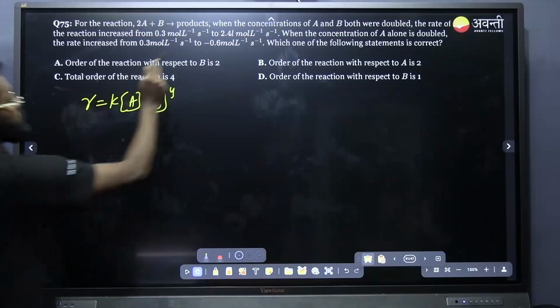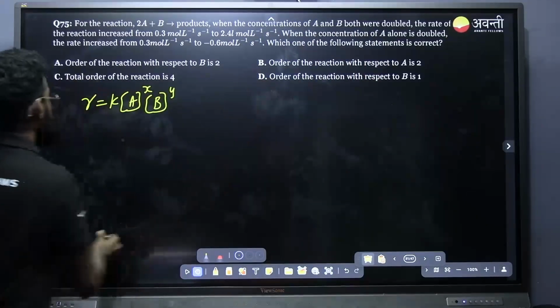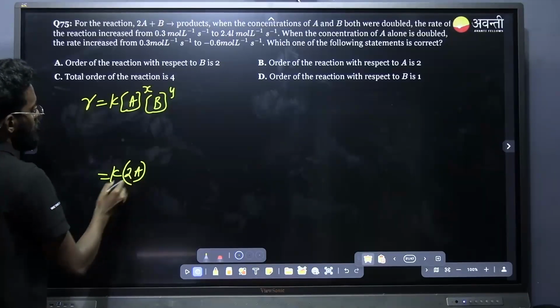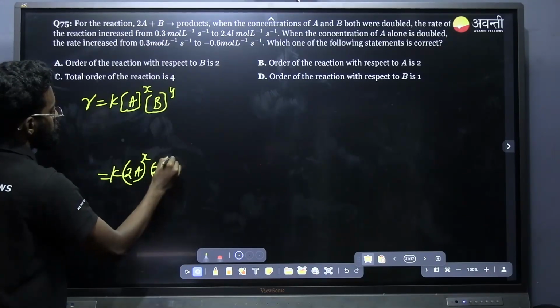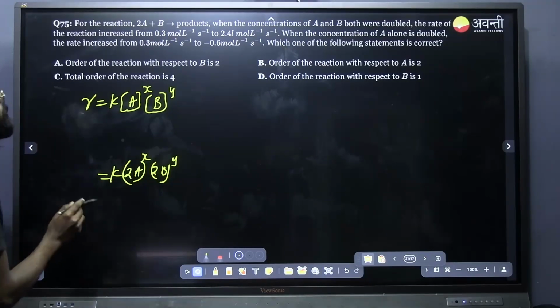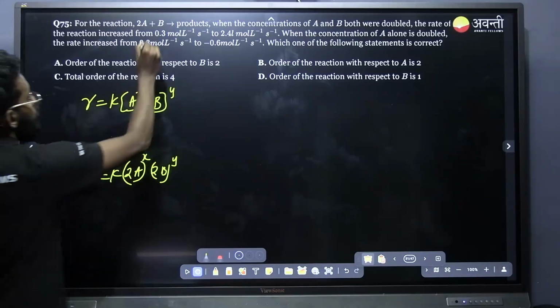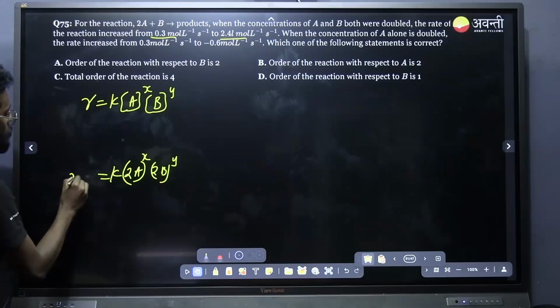According to the first data given in the question, when the concentration of A and B were doubled, that is A becomes 2A and B becomes 2B, the rate of the reaction increased from 0.3 to 2.4, which means the rate will be 2.4.